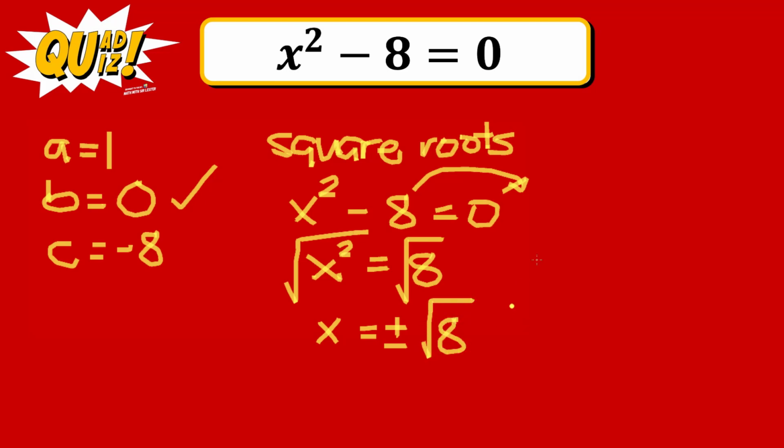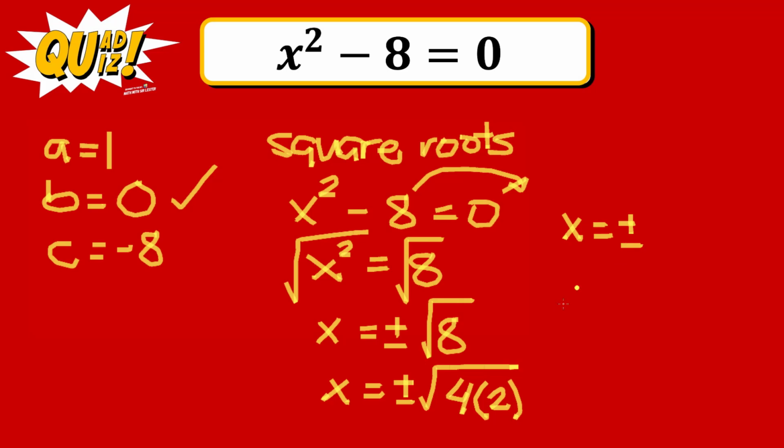We can simplify square root of 8 further because we have a factor for that. So you have plus minus square root of 4 times 2. And then x is equal to plus minus the square root of 4 is 2, and you will have square root of 2.